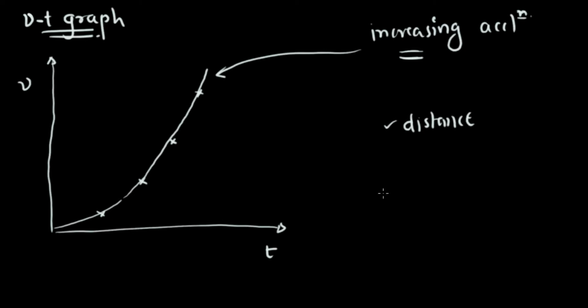We can calculate distance, displacement, and the velocity, which is not a big deal, and we can also calculate the acceleration. I will take a bit of time to explain everything in this video, how to analyze, because that happens to be a very important part of this video.